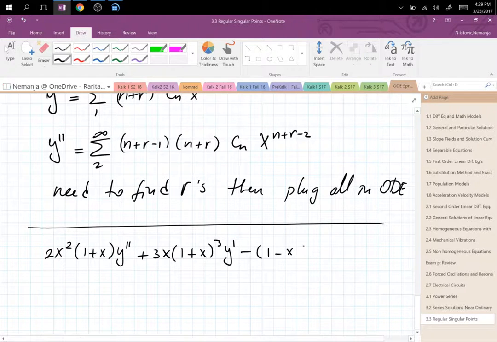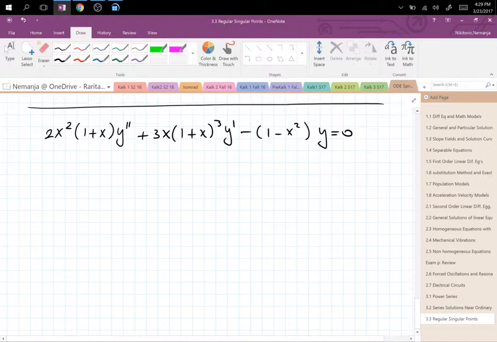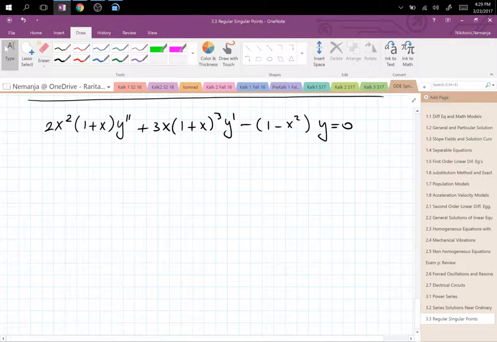All right, so here is the example, and let's take a look at this. We know what we're supposed to do, right? Divide by a of x. Well, first of all, where are the singular points? At x equals 0 and -1.